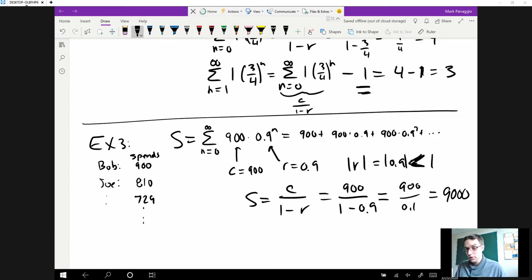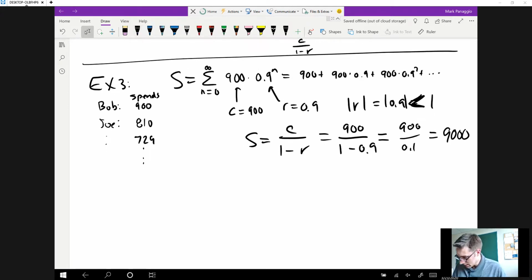By the way, you could also ask the question, well, how much will be saved? And in this case, he saves 100, and the next person will save 90, and the next person will save 81, and each person will save, again, 10% of what they received.